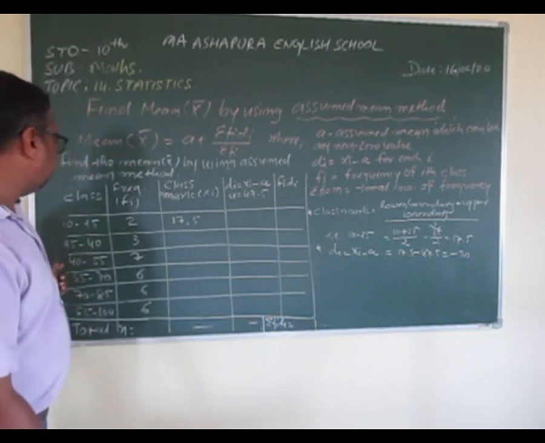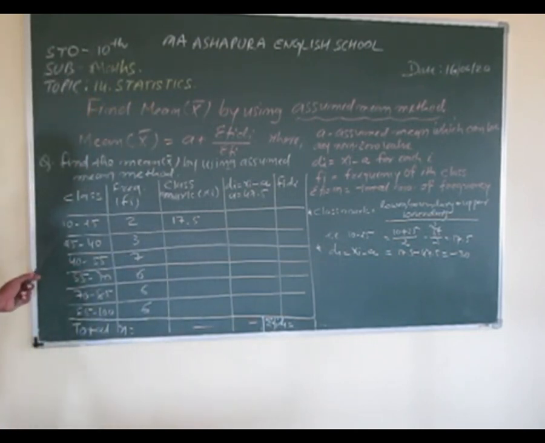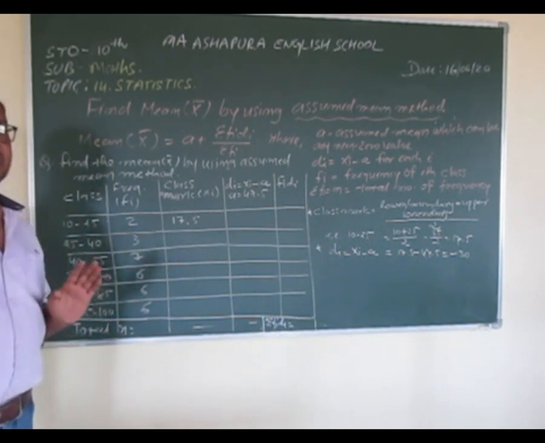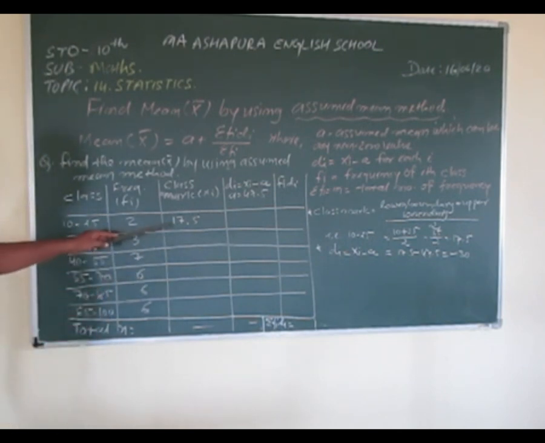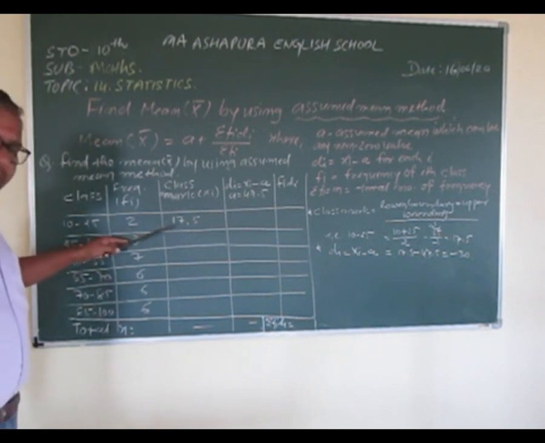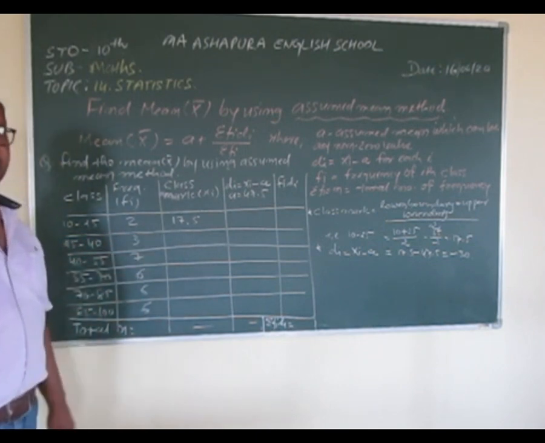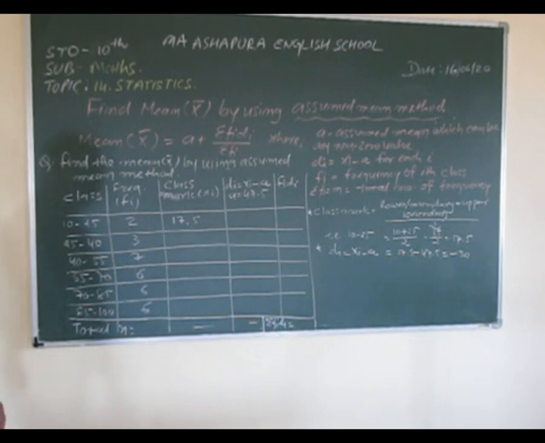Look here, 10 to 25 is the first class, and the width of the class interval is upper boundary minus lower boundary, 25 minus 10 is equal to 15. That means the width of the class is 15. So 15 is added to the previous result to find the next class mark.